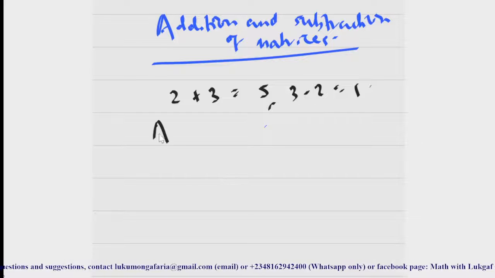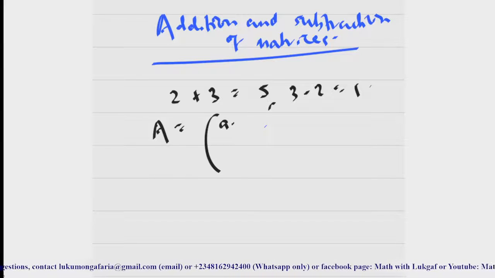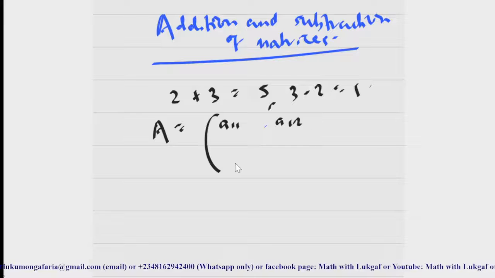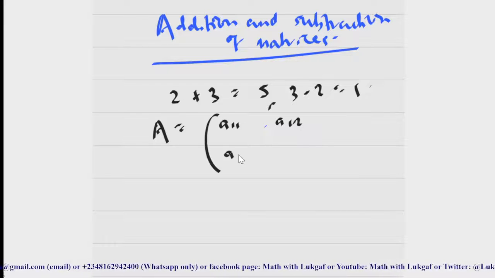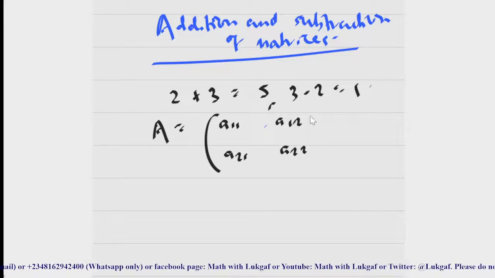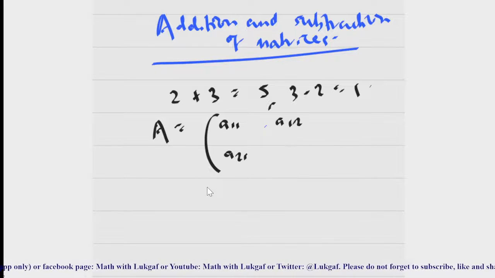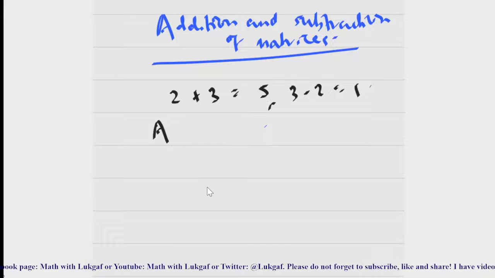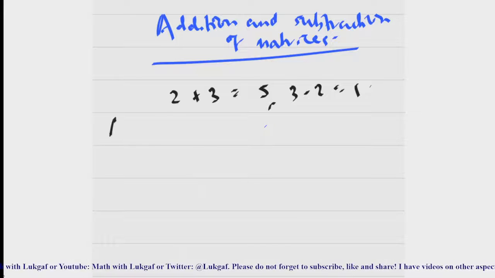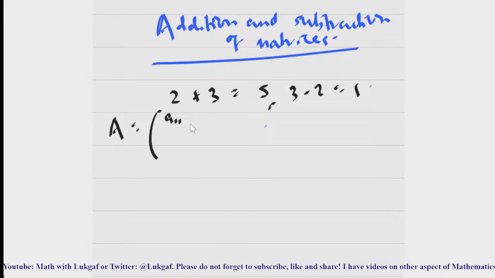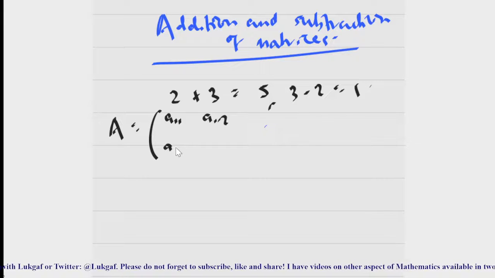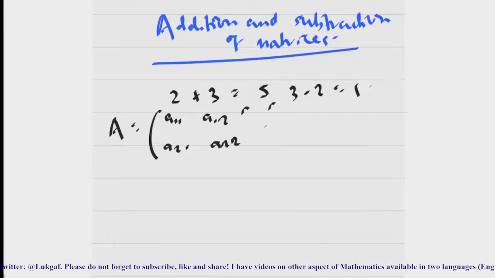Let's say I have my matrix A to be A11, A12, A21, A22. Then my B is what? Let me make it smaller so that they can stand next to each other. My A is A11, A12, A21, A22.